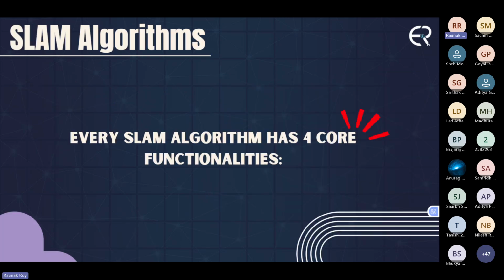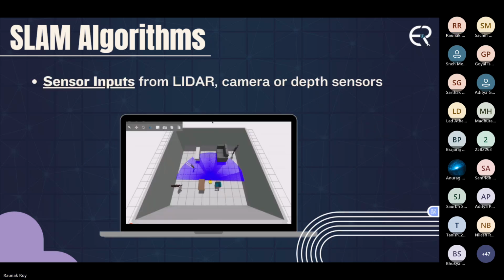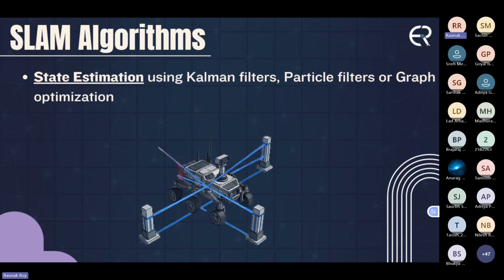There are numerous SLAM algorithms, but each one of them has four main functionalities. The first is sensor inputs. The algorithm requires high-frequency spatial measurements, which are given by LiDAR, camera, or depth sensor data. Then is state estimation. Because sensor data contains noise, the robot cannot blindly trust the readings.